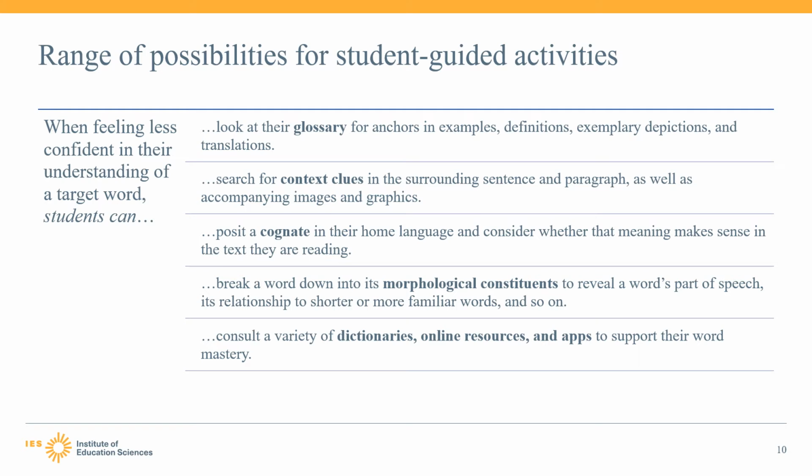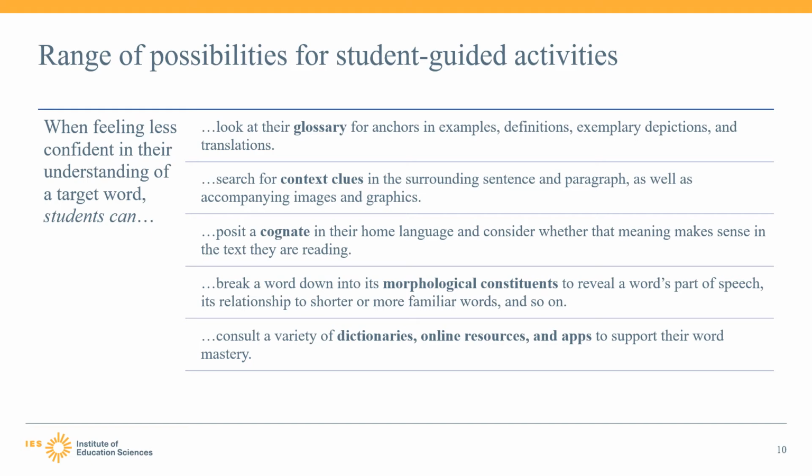They can posit a cognate in their home language and then consider whether that meaning makes sense in the text they're reading. They can break a word down into its morphological constituents, into its root and its affixes, to reveal the word's part of speech and its relationship to shorter or more familiar words, and so on. And they can also consult a variety of dictionaries and online resources and apps that can support their word mastery as well.